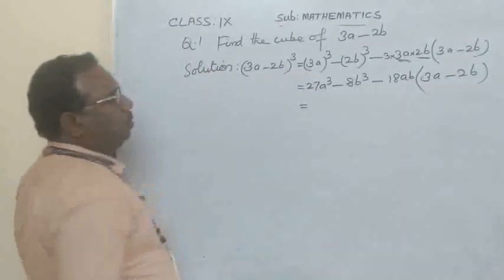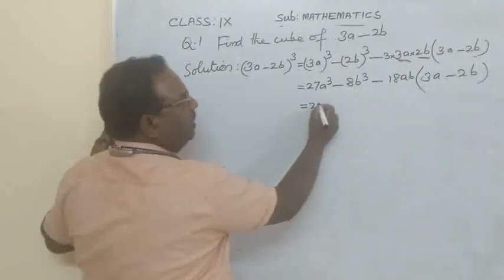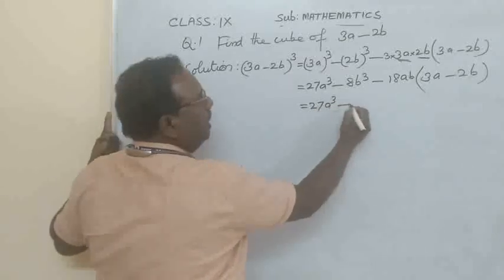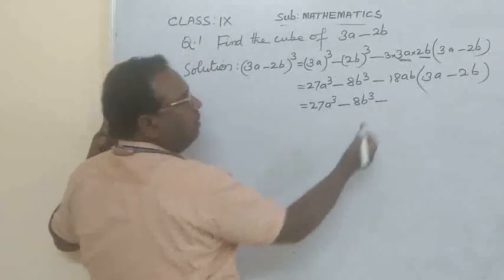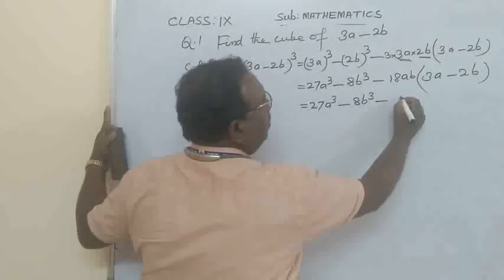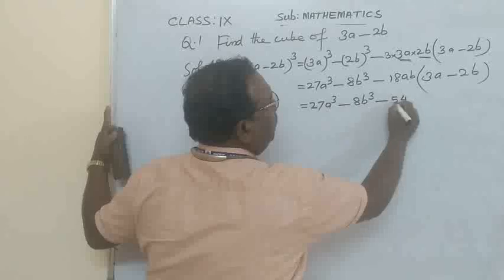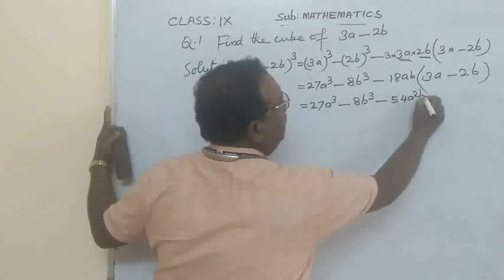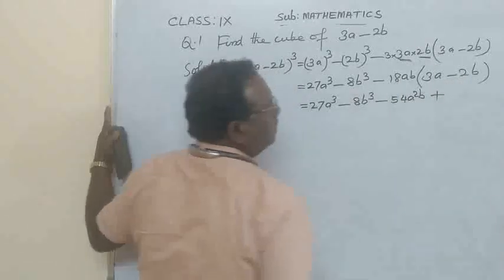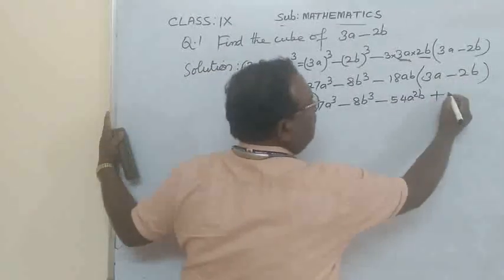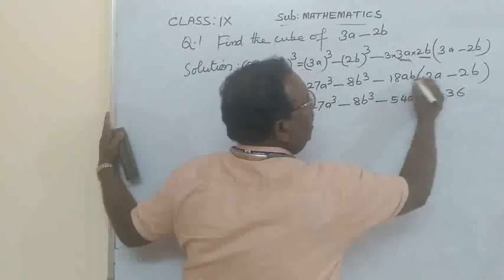Again it is equal to 27a cube minus 8b cube minus, multiply 18 into 3, 54 a square b, minus into minus plus, 18 into 2, 36 a b square.